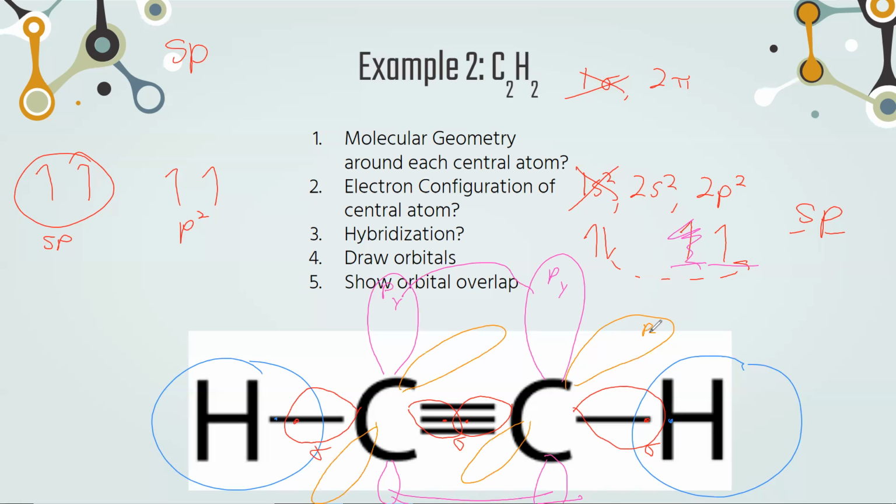All right, so I'm going to label that pz, pz, and we're going to get some sharing happening between both of those. So that represents our second pi bond. The pink one is going to be our first pi bond. The orange one is going to be our second pi bond, which accounts for the 2 pi bonds that are present within a triple bond.